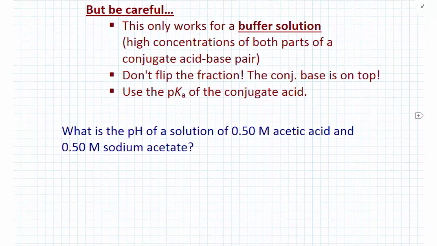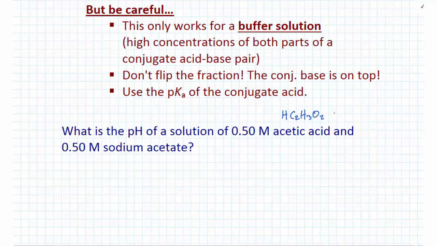So, this makes things a little bit easier for us. We have a solution that is 0.50 molar acetic acid and also is 0.50 molar sodium acetate. Acetic acid is just a weak acid, HC2H3O2.